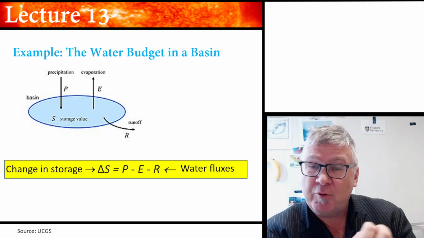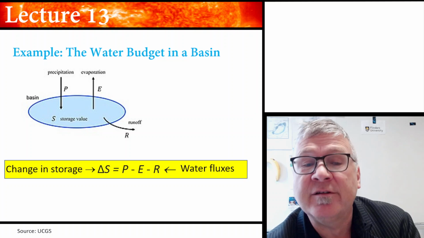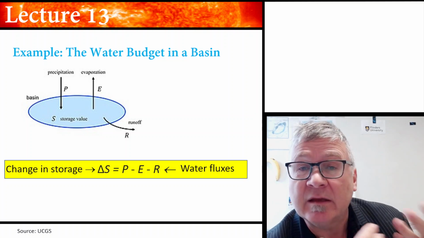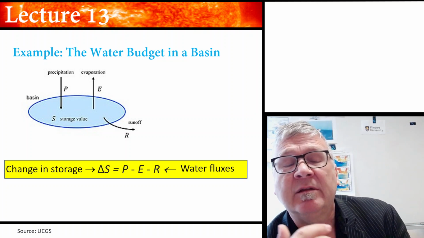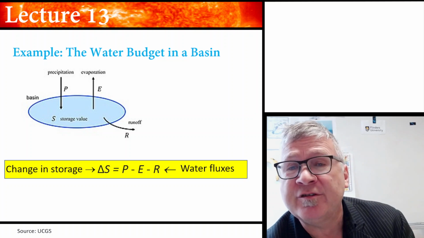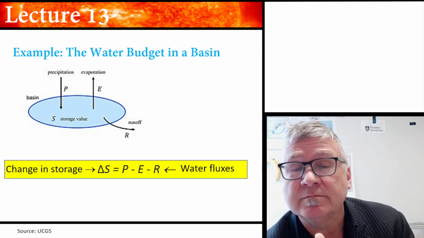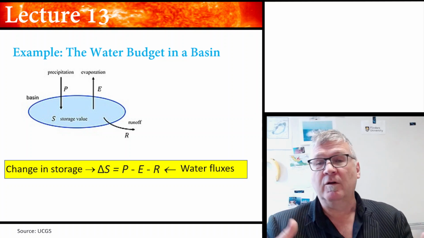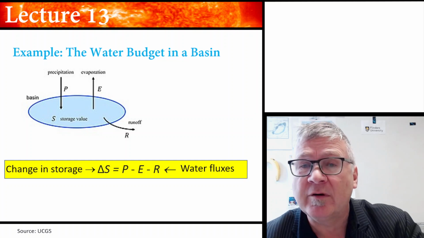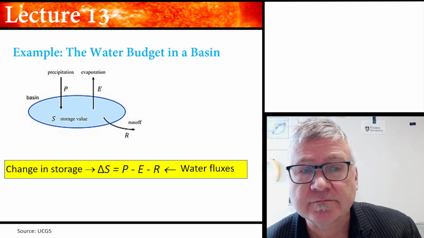It's important to understand this principle: you can have precipitation and evaporation at the same time. So even if you have rainfall, if you have strong evaporation, you get no change.